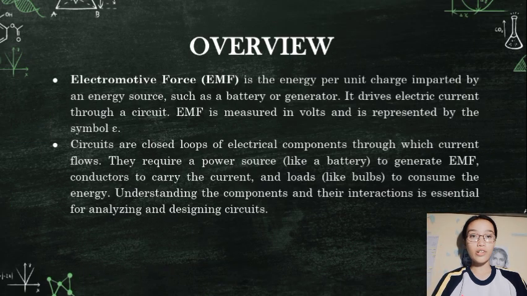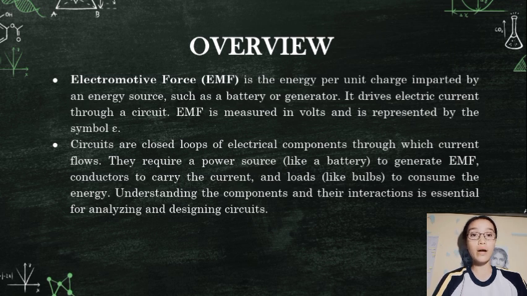So electromotive force is the energy per unit charge imparted by an energy source such as a battery or generator. So it drives electric current through a circuit. So EMF is measured in volts and is represented by the symbol E. So circuits are also closed loops of electrical components through which current flows.